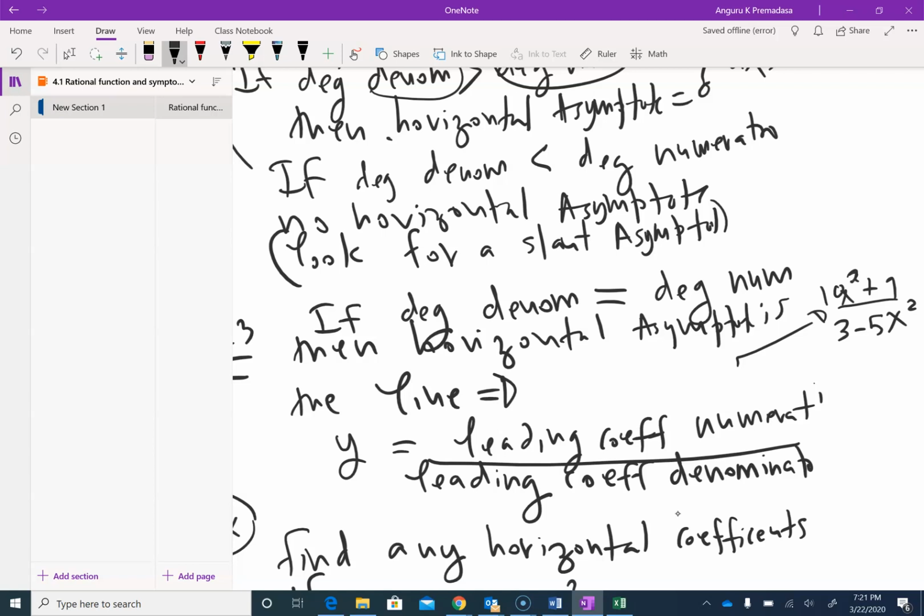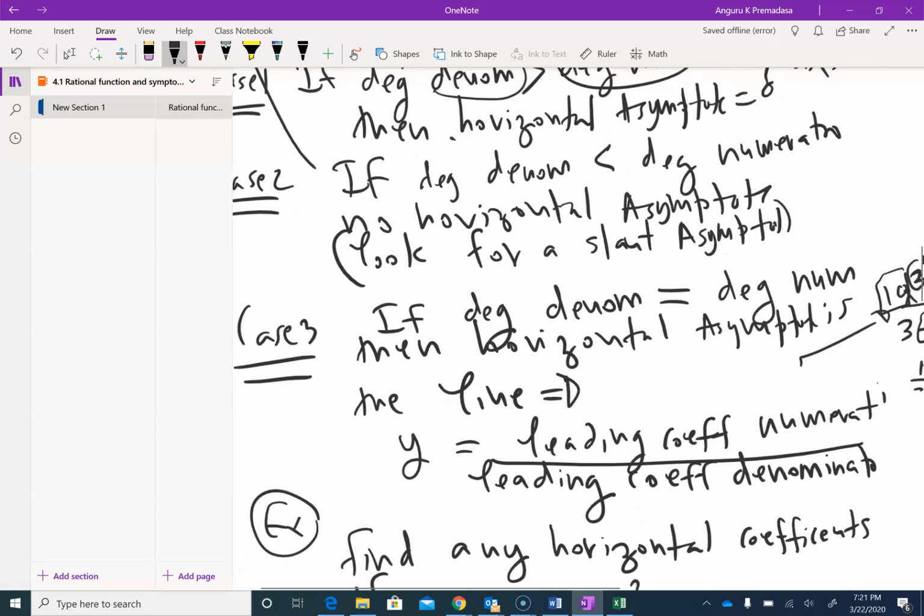So the degree of the numerator is 2. The degree of the denominator is also 2 because that's the highest power. So they're equal. And then what you do is you take the leading coefficient on top divided by the leading coefficient on bottom, and you get 10 over negative 5, which is negative 2, and that is the horizontal asymptote, right?